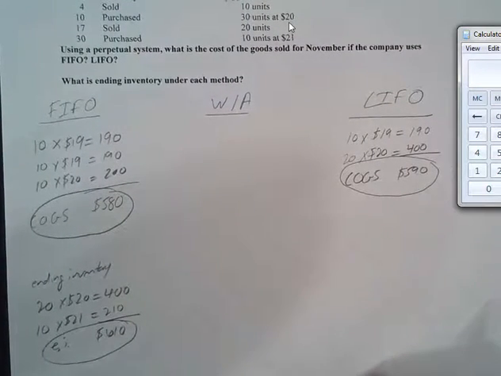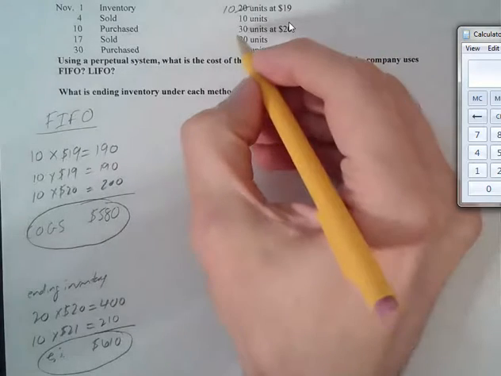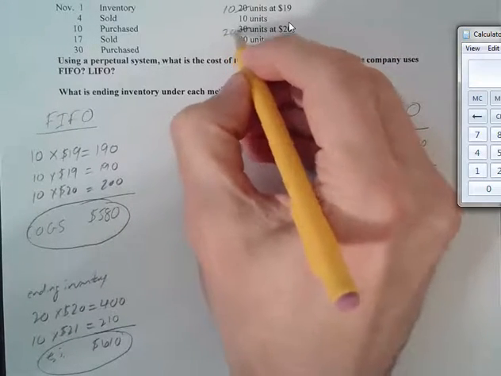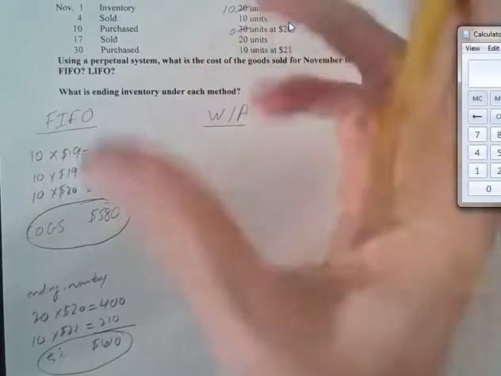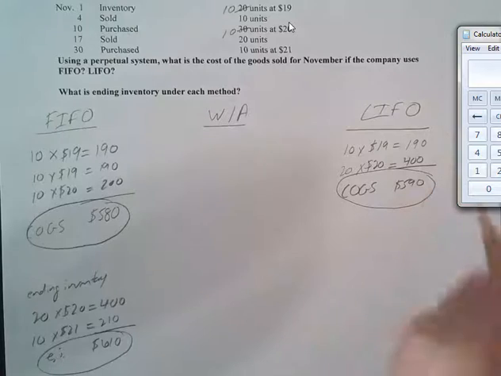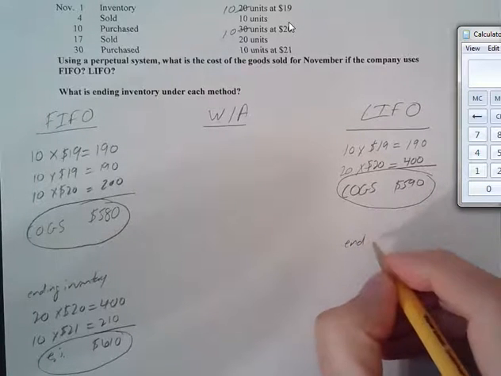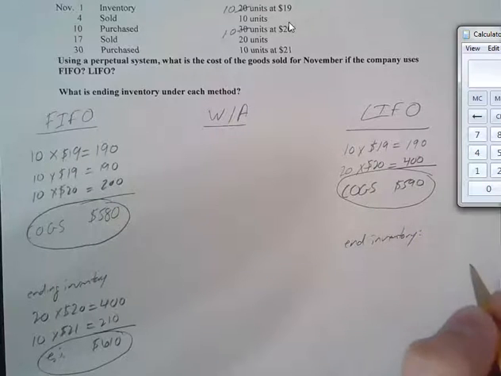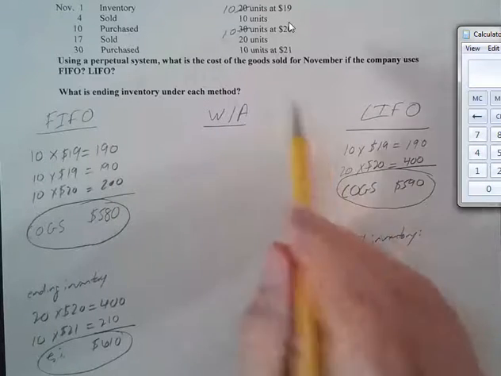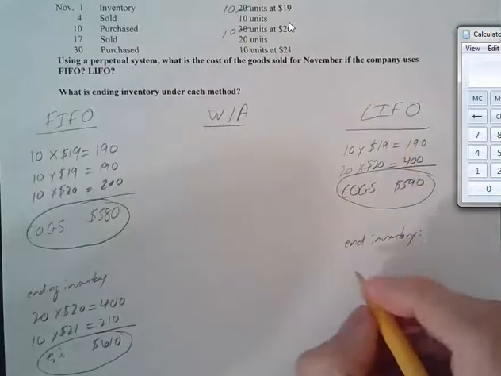All right. Let me drop that down just a little bit. One thing I did not do was knock this down to, not 20, I need to knock this down to 10. So for our ending inventory, we still have 10 units at $19.